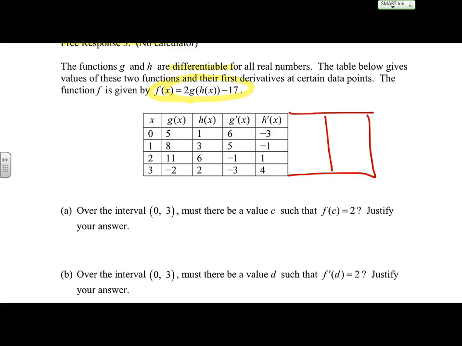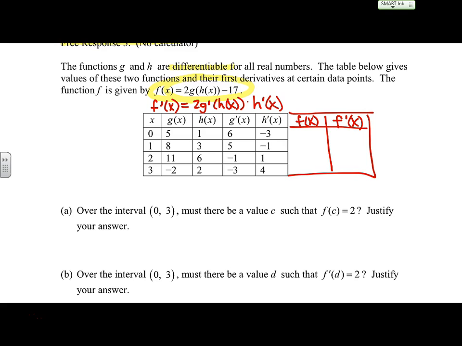I would go a step further, and I would say, okay, fine. From the clues, we should be able to figure out who is f of x and who is f prime of x. True? Yeah. Although to find f prime might be a little bit messy because f prime of x is equal to, chain rule, 2 times derivative of the outside, keep the inside, times derivative of the inside, and the derivative of 17 is 0.